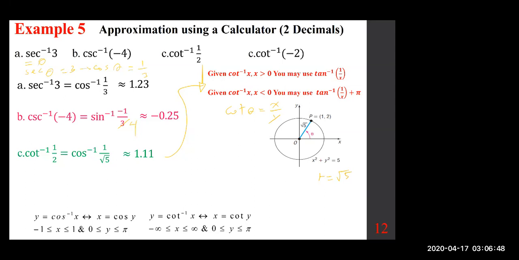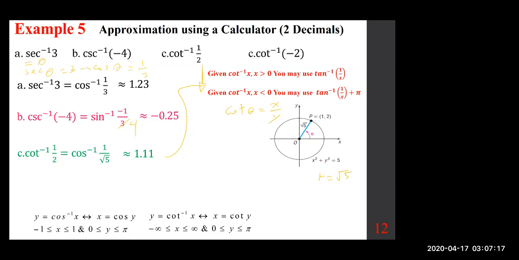When x is positive, you can use the tan inverse. But if it's not, you can't use the tan inverse of 1 over x without adding pi, simply because of the limitation on cotangent going from 0 to pi. So the best course of action is to go with the cosine inverse, class. Figure out the cosine inverse from cotangent inverse and look it up on your calculator.